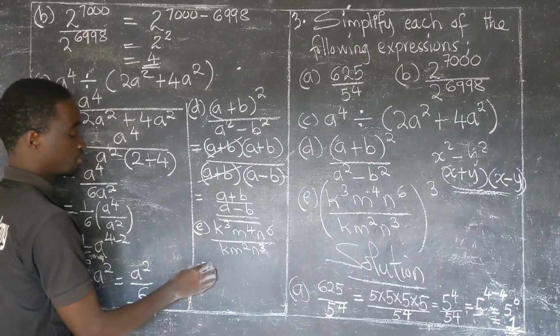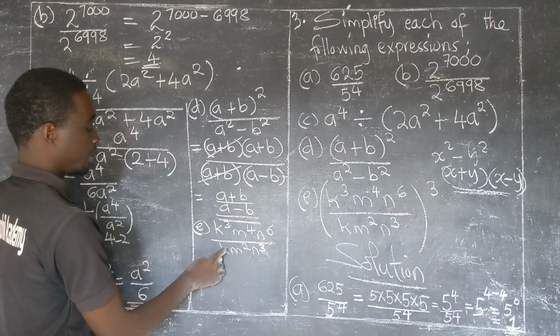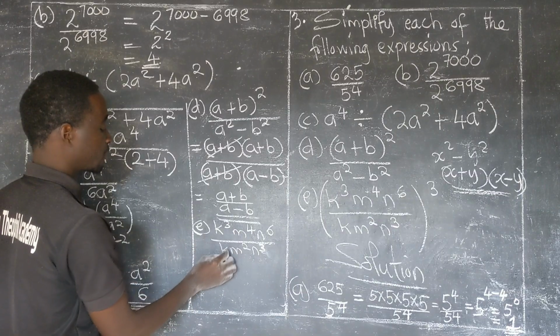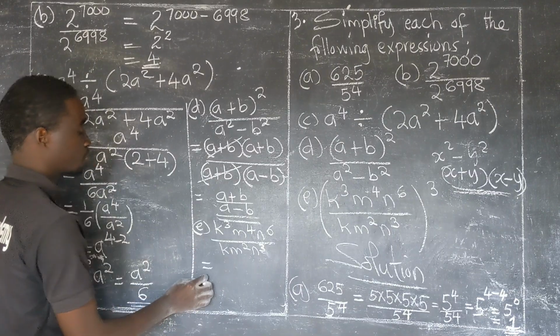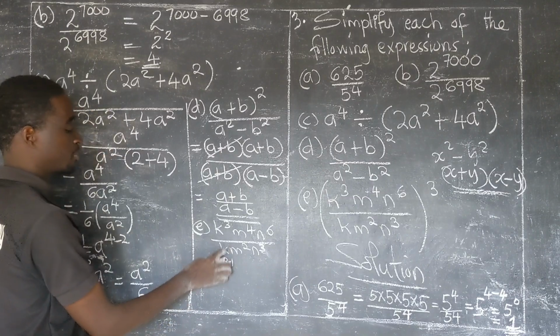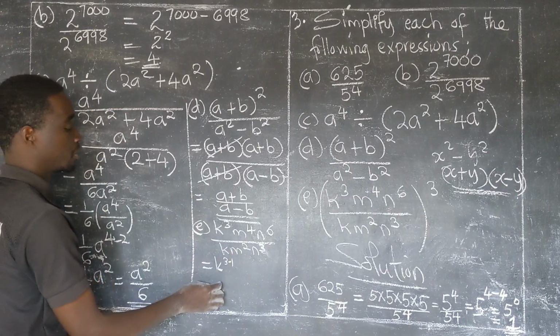This will be equal to k divided by k, which is k raised to 3 divided by k raised to 1. We take 3 minus 1. The same base, we take a single base and subtract the exponents.